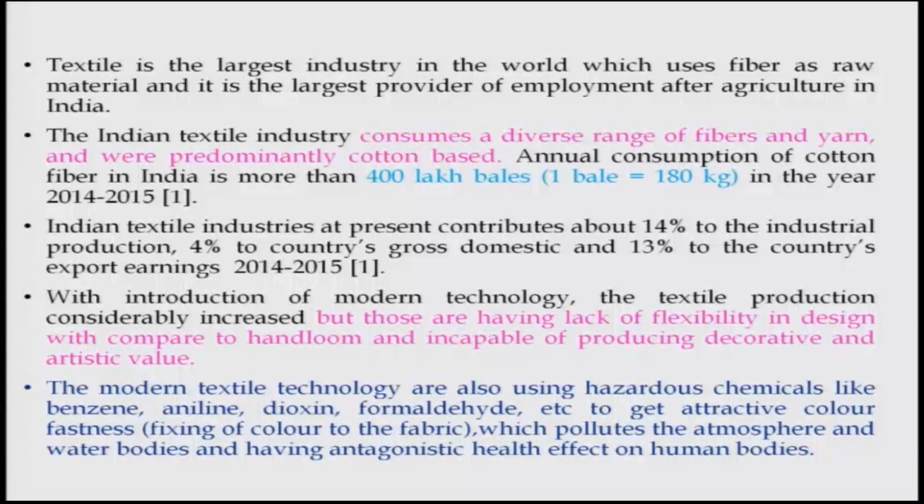The modern textile also uses hazardous chemicals like benzene, aniline, dioxide, formaldehyde etc. to attract customers with good colors, which not only endangers the health of the people who are wearing them, but also pollutes the atmosphere and water, and it is really not good to continue.